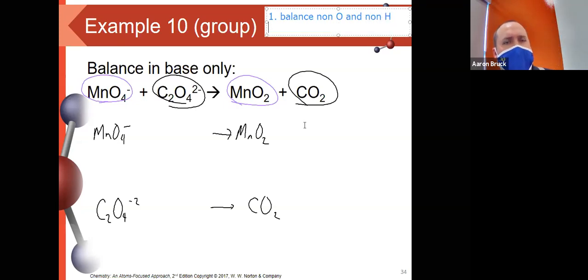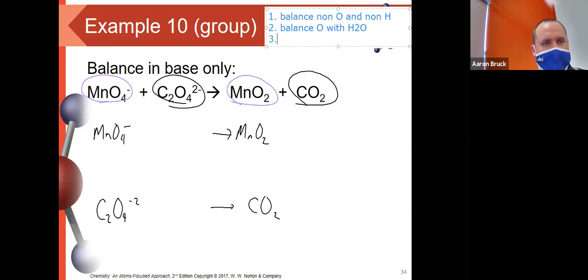The first step is to balance the non-oxygen and non-hydrogen elements. Second step is to balance oxygen with water. The third step is to balance hydrogen with H+.